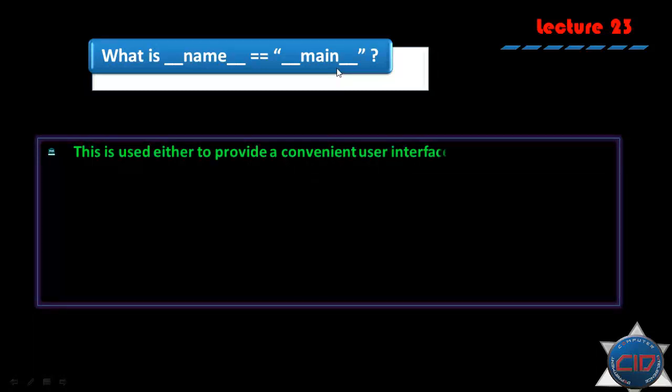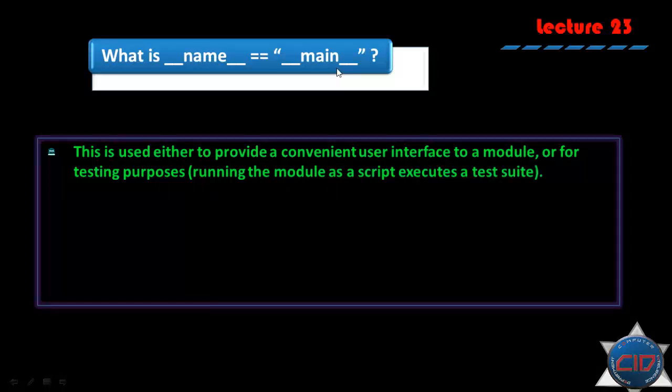This is used either to provide a convenient user interface for a module or for testing purposes. Suppose we are making some methods under a file, but this file is going to be a module for another file, then there may be some problem under this file. So for checking any particular methods or classes from any particular module, we use this line, and the code which belongs to this will only be run when we are going to run that within this file.